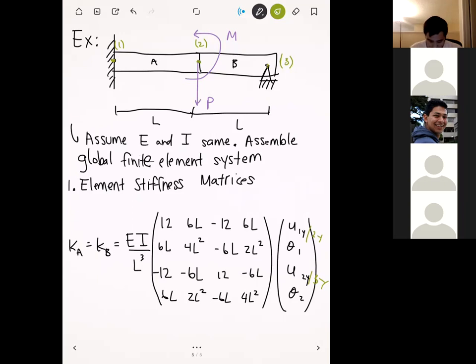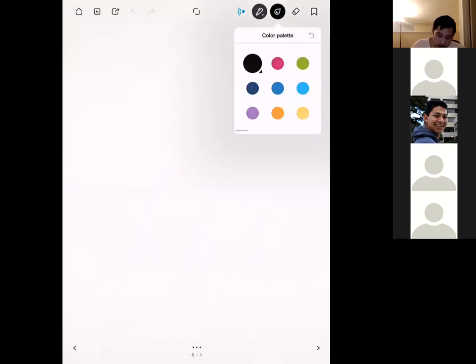All right. So now that we have the element stiffness matrices, we're ready to assemble them together into one system. Before we do that, are there any questions on this? Okay. All right. So the second step here is assembly.